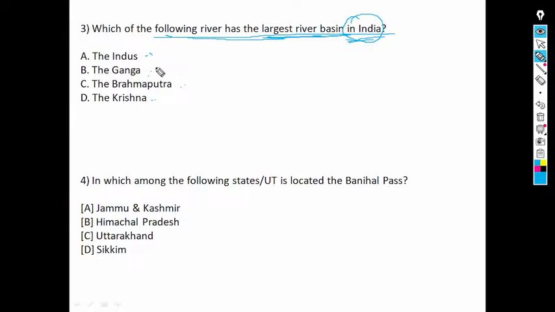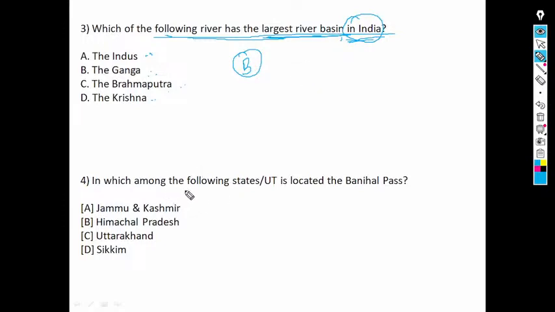So the answer is the Ganges. We will explain this one. In this type of question, the wordings are very important.